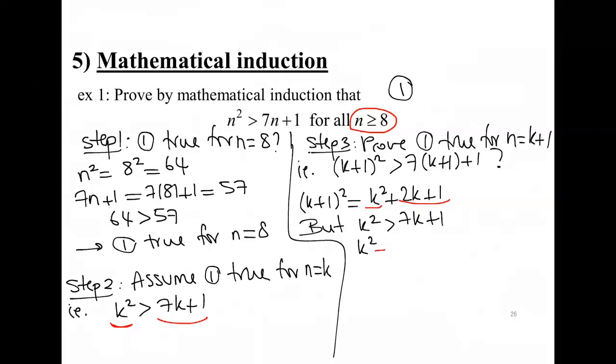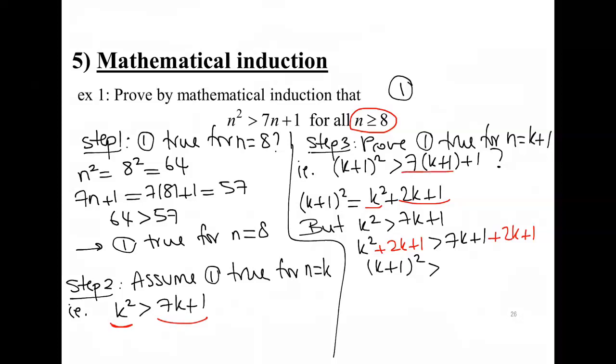So k squared plus 2k plus 1, I just add 2k plus 1 to both sides, is greater than 7k plus 1 plus 2k plus 1. So on the first side, I do have k plus 1 all squared. Now, on the other side, before I jump into simplifying the expression and grouping similar terms, I look at the statement that I want to reach.